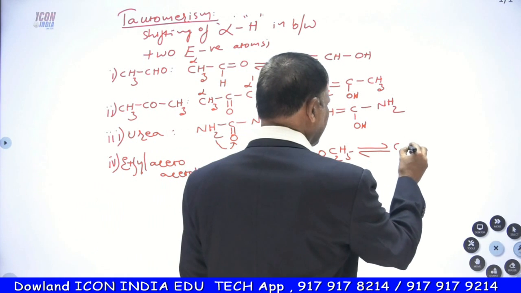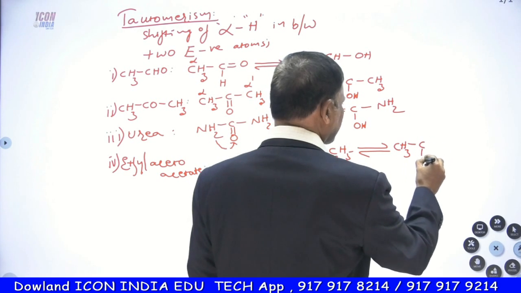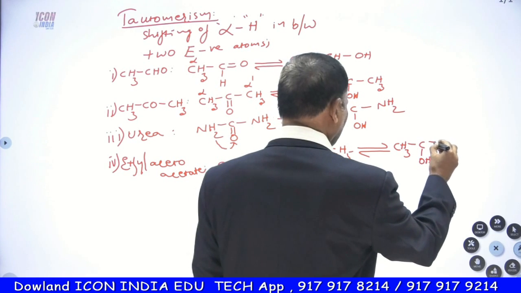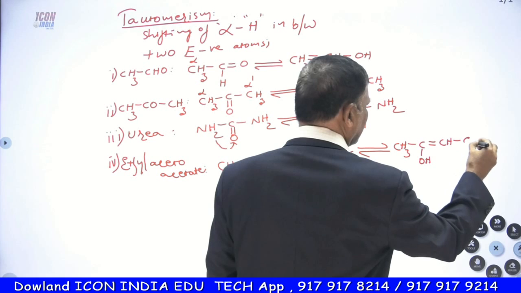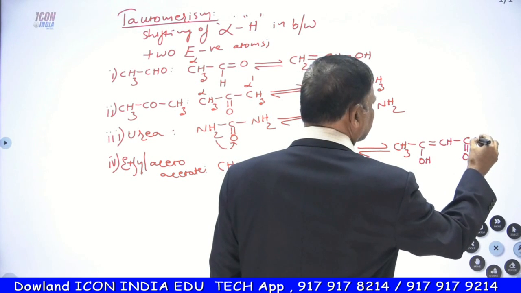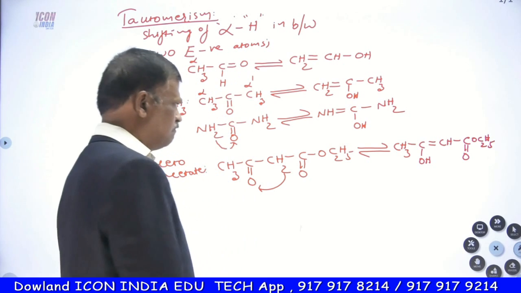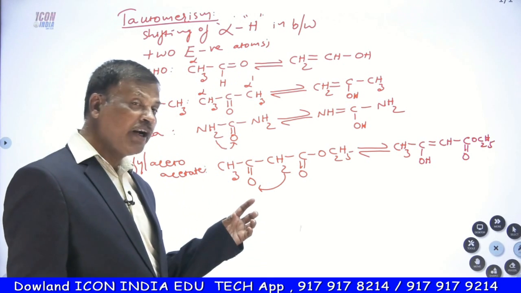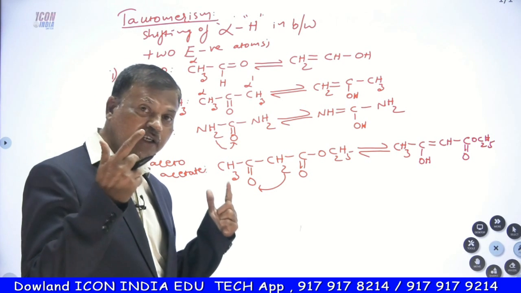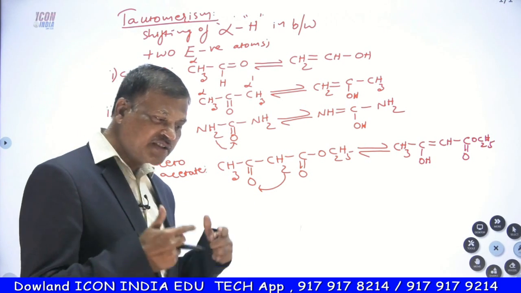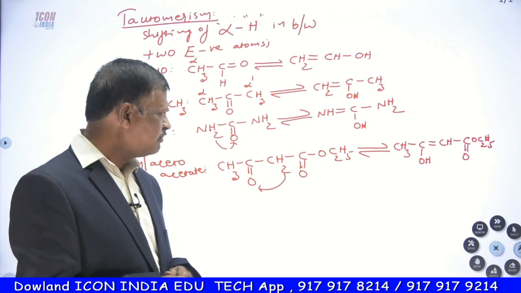So that CH3-C(OH)=CH-COOC2H5, like this. See, if different types of alpha hydrogens are present, how to identify which is the more active hydrogen, which is more easily released as proton, and which is the more acidic hydrogen? Like this.